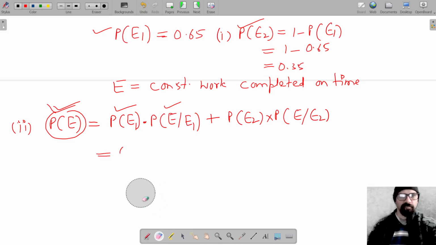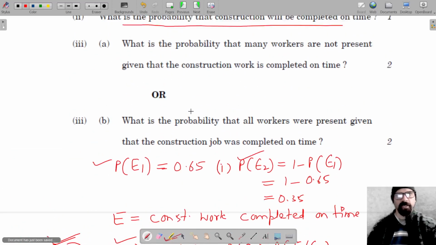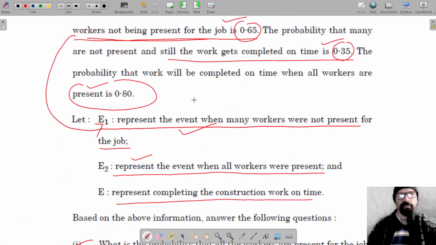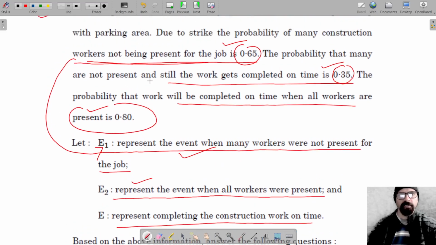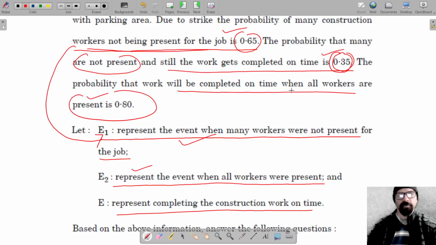Now the probability that all the workers are not present is 0.65, and the probability that construction work is completed on time when all the workers are not present, and still the work gets completed, is 0.35.